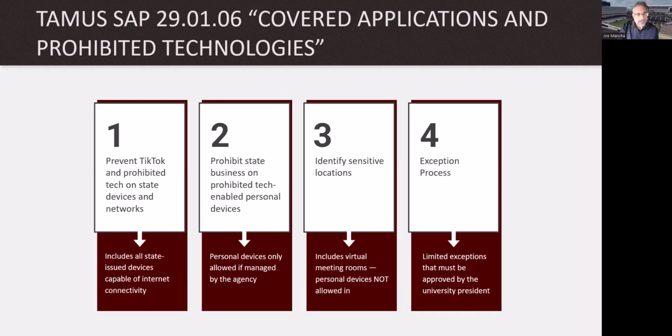The second section covers the administrative requirements for personal devices used to conduct state business. Third is the identification of sensitive locations, which includes physical and virtual meeting rooms. And the last piece is the exceptions process. There are a limited number of use cases that may be eligible for exceptions that must be approved by the university president.